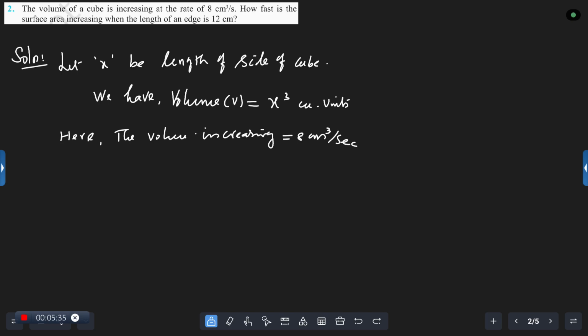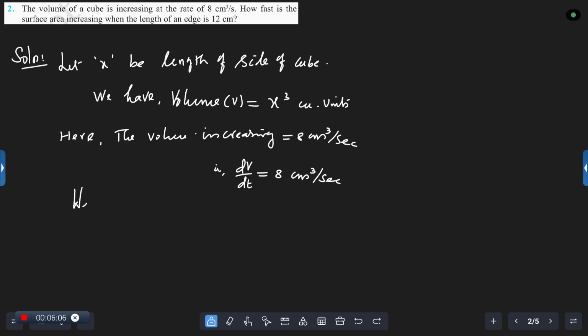So dV by dt equals 8 centimeter cube per second. Any doubt? Next, how fast is the surface area increasing? They are given the volume increasing, and they are asking for the surface area. Now we have to find it.